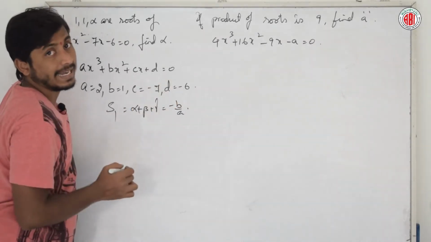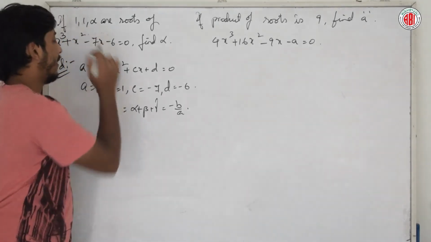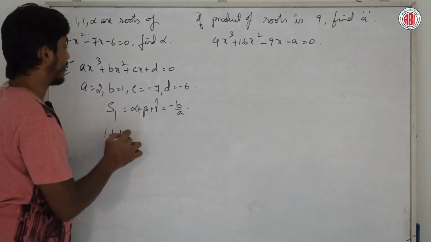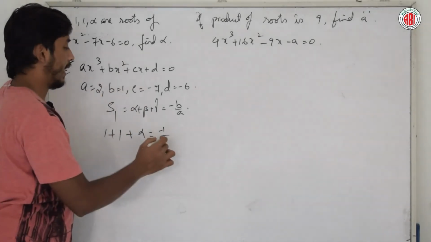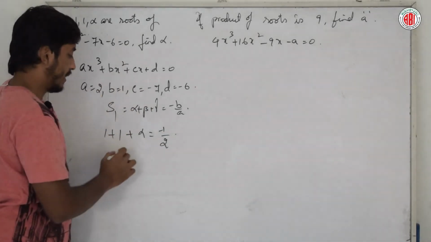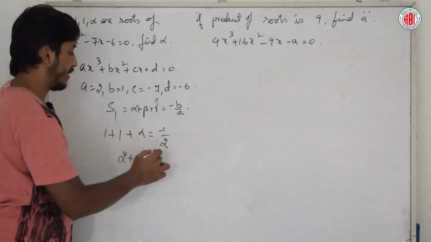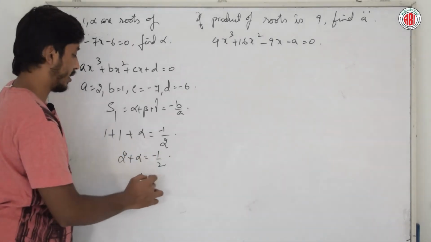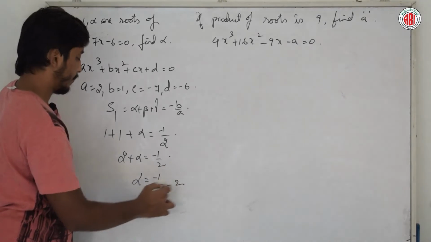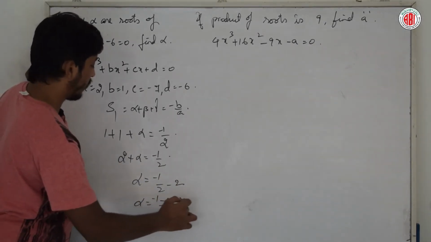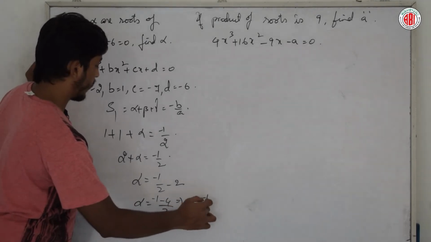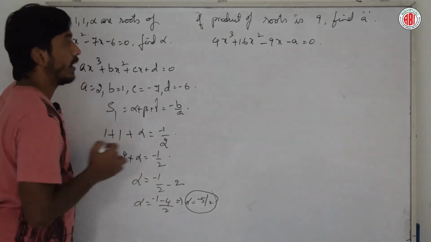Yes, right? So 1 plus 1 plus alpha is equal to minus b by a, which is minus 1 by 2. 1 plus 1 is 2, plus alpha is equal to minus 1 by 2, so transferring it, alpha is minus 1 by 2 minus 2, therefore alpha is minus 5 by 2.